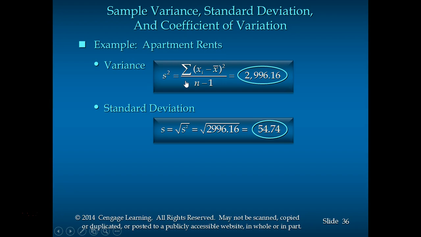Let's do it statistically. It turns out that when you divide by n minus 1, s squared becomes an unbiased estimator for the population variance.